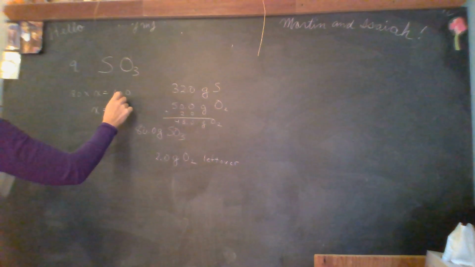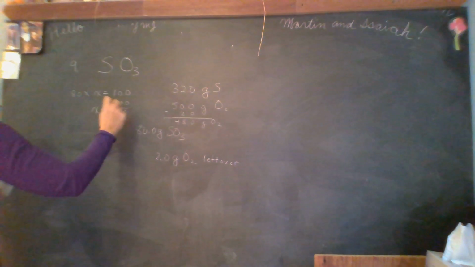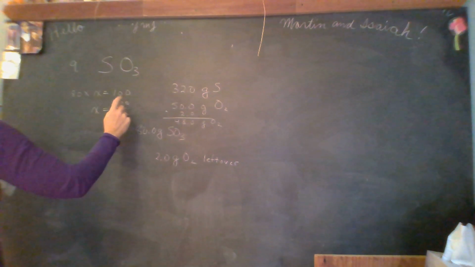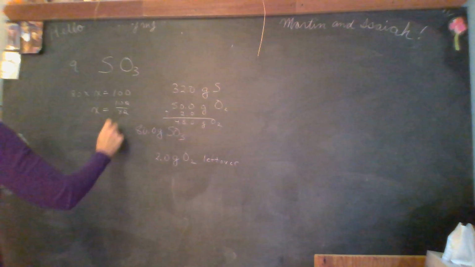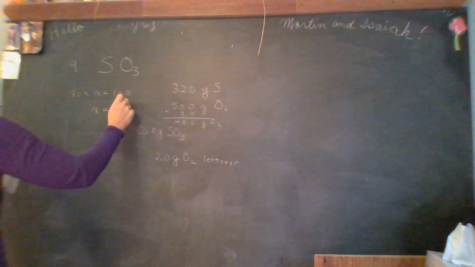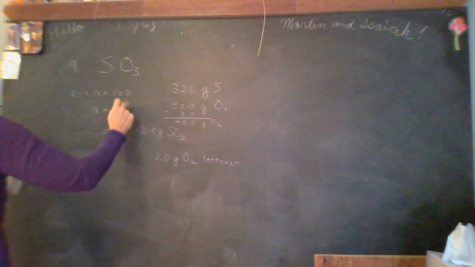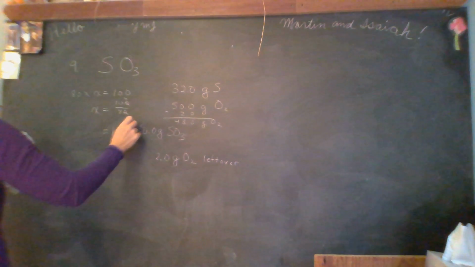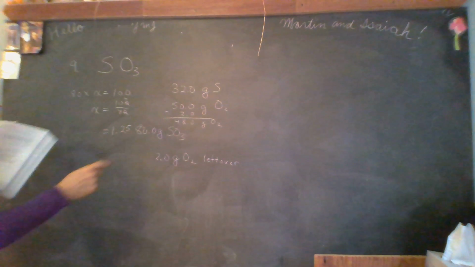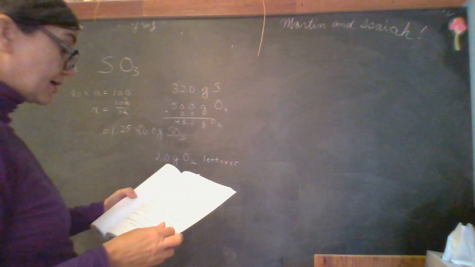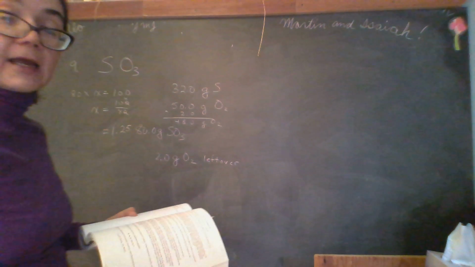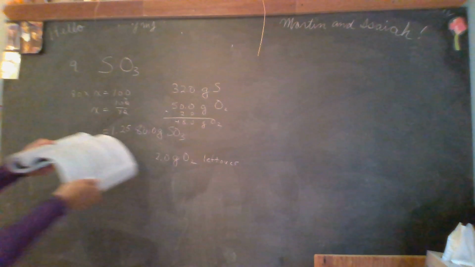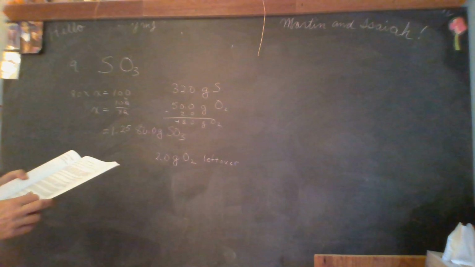So that number is 80 going into 100, which is 1.25. So the factor by which we multiply our ingredients to get 100 grams of this will be 1.25.